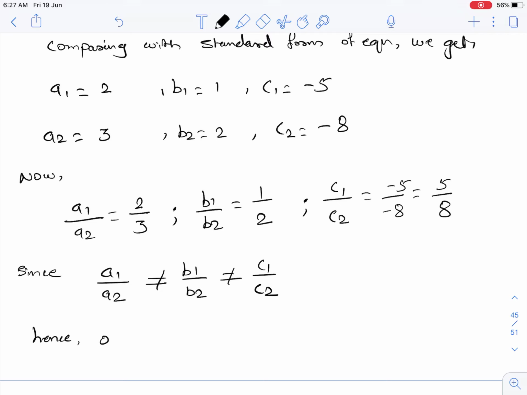Hence only one solution is possible. By knowing the ratios of a1 upon a2, b1 upon b2 and c1 upon c2, we have decided that there is only one possible solution.